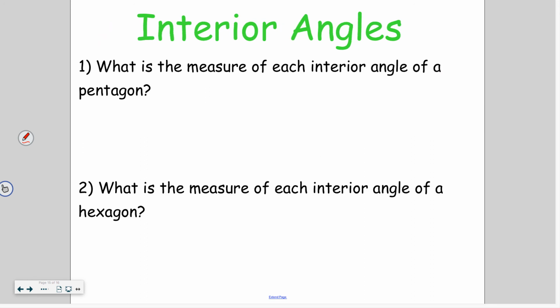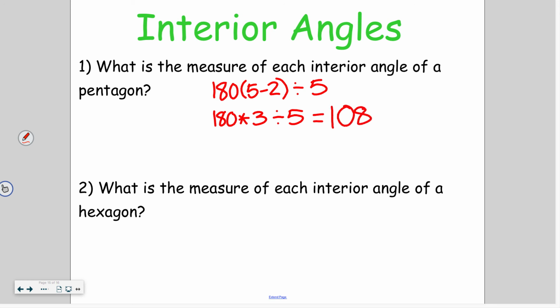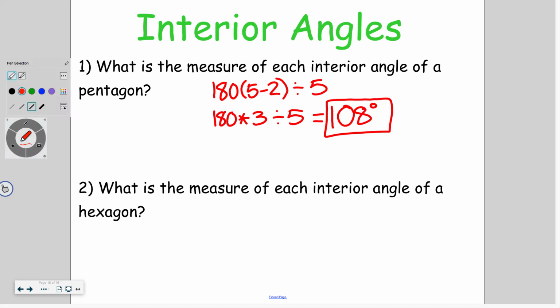So for example, with a pentagon, I would take 180 times (5 minus 2), and then be dividing by 5 because there are 5 sides. So 180 times 3 divided by 5, plugging into the calculator gives me 108 degrees per angle.